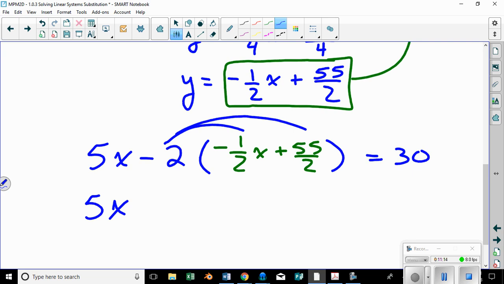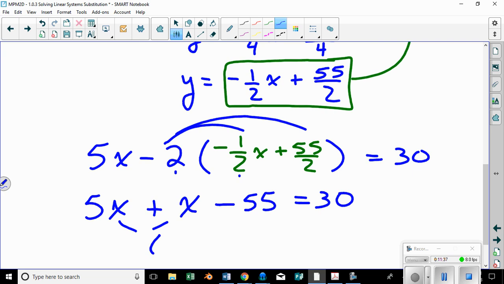So we'd have 5x plus 1x, which we'll just write as x because the 2 here and the 2 here cancel. And we'd have negative 2 multiplying 55 over 2, which gives us negative 55, and that all equals 30. Now I can group up by like terms. So 5x plus x is 6x minus 55 is equal to 30.